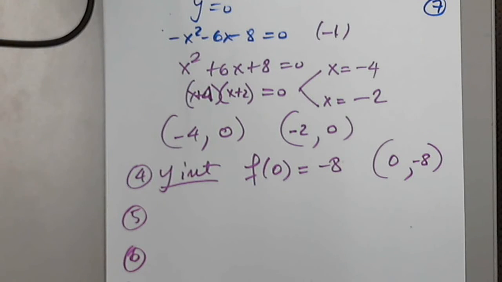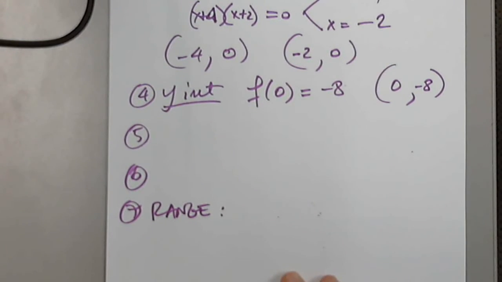Now 5, 6, and 7. I want to jump to 7 and I'll come back to the other 2. I want the range. And you could say, wait a minute, I haven't even graphed it yet. Yes, but we know the range. Can anyone give us the range other than Tom? Does this function have a max or a min?